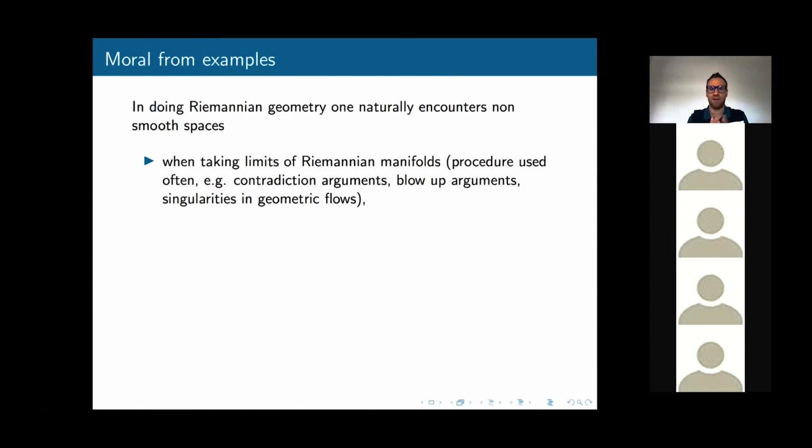So taking limits and singularities in Riemannian manifolds is something that is often unavoidable in current research. Another procedure that produces singularities is when you take quotients, cones, or foliations of Riemannian manifolds.